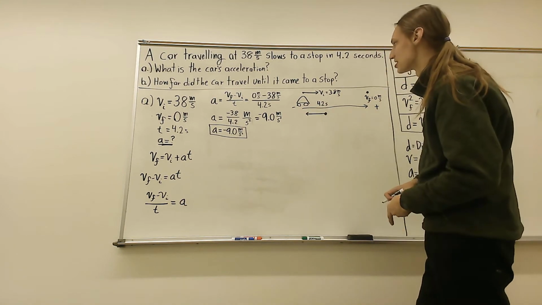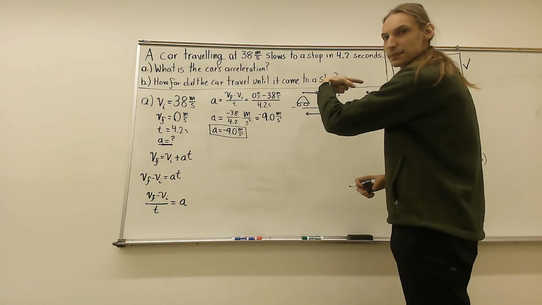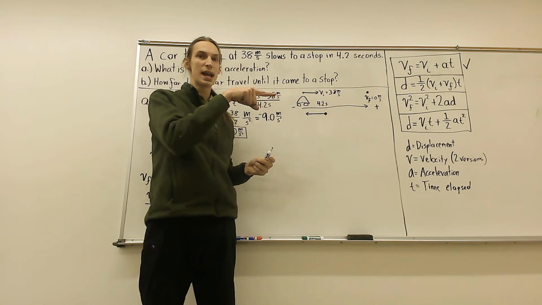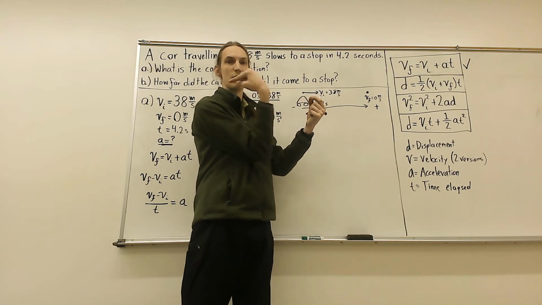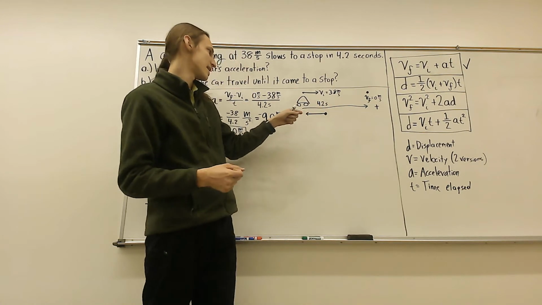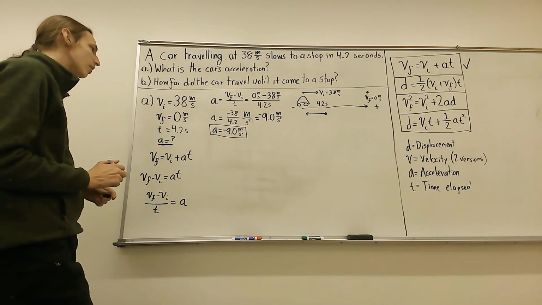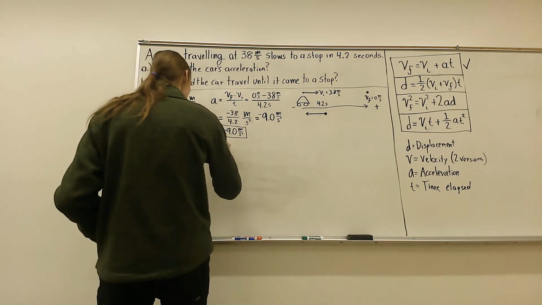And that makes sense, because if you start off with a velocity that's pointing to the right, and it eventually stops, the force going opposite it has to be pointing the other way. So that makes sense. That is a reasonable answer. Okay, now that we have our answer for part A, let's look at part B.